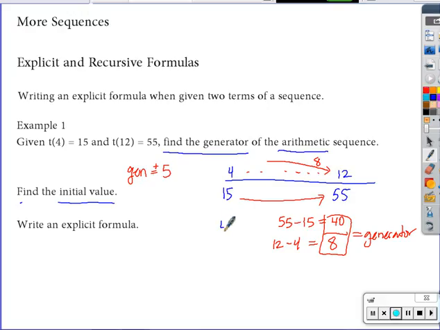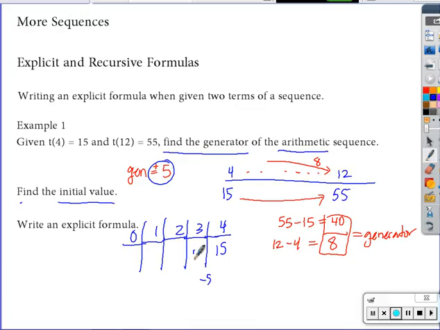So I know the 4th term is 15, 3rd term, 2nd term, 1st term, 0 term is the one I want. So if I minus 5 each time going backwards, remember forwards is adding 5, which means backwards is minus. I'll have 10, 5, 0, and negative 5 for my initial value.